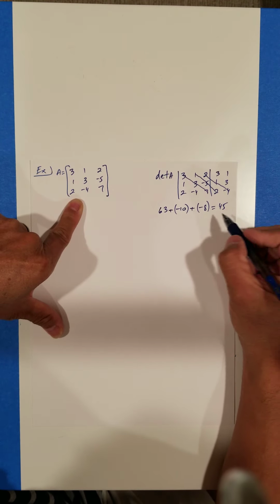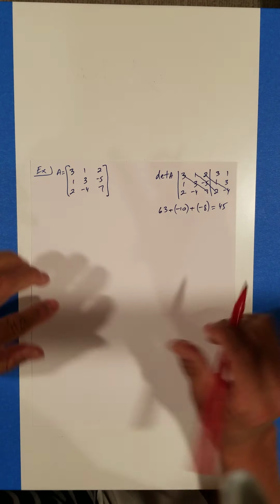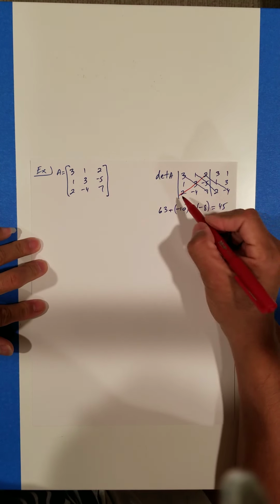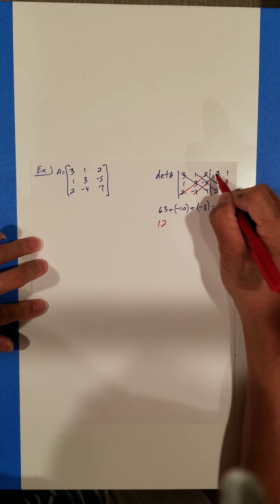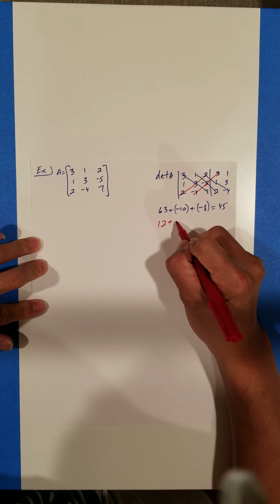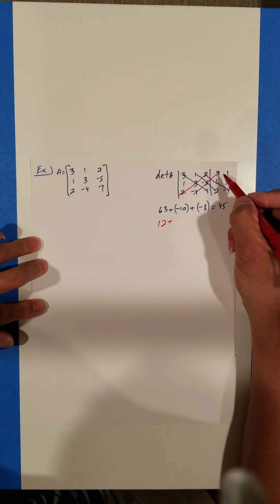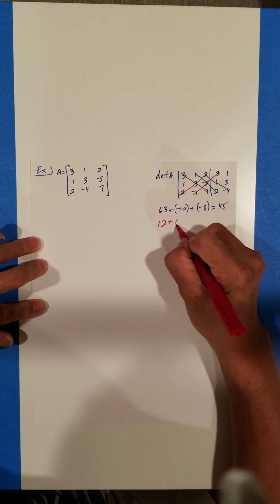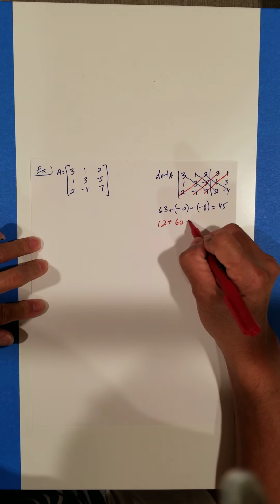Okay, so now remember we did this before. Going up. 2, 3, 2 is 12. I'm going to add this way. I'm going to add -4, -5, and 3. So I'm looking at 60. And then going up, 7, 1, 1 is 7.